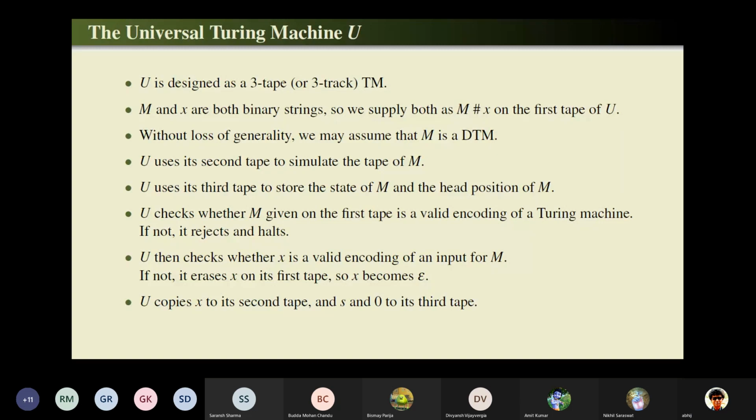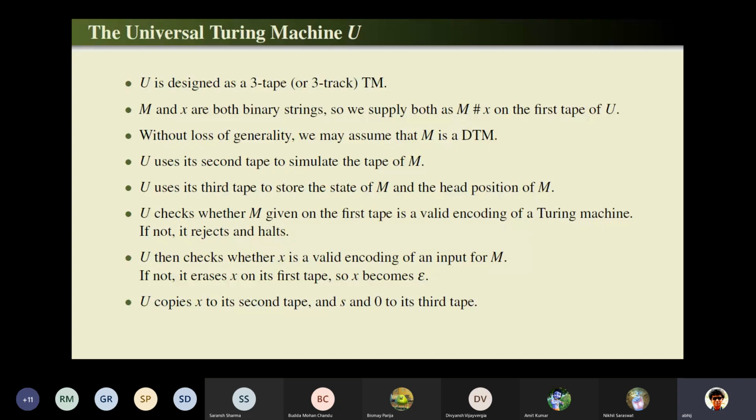Otherwise, if M is valid and X is valid, it will initialize the second tape to stand for the initial configuration for M. That means X is provided as an input to M. So X is copied from the first tape to the second tape.